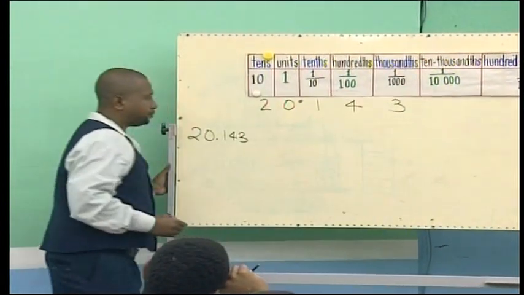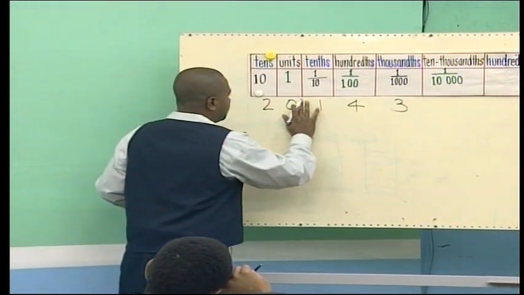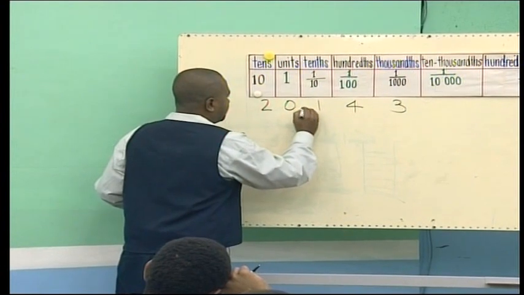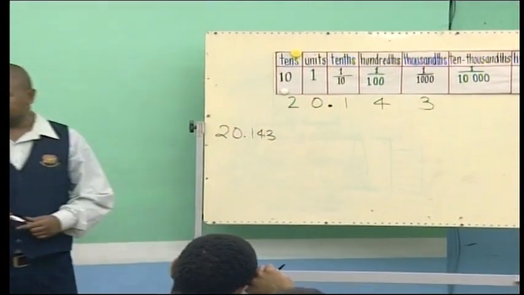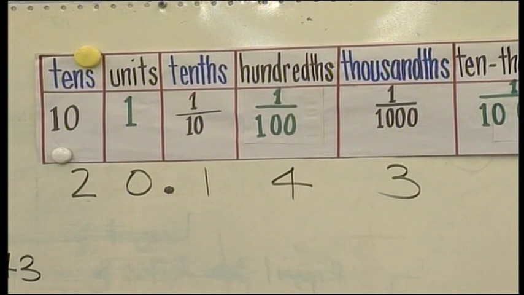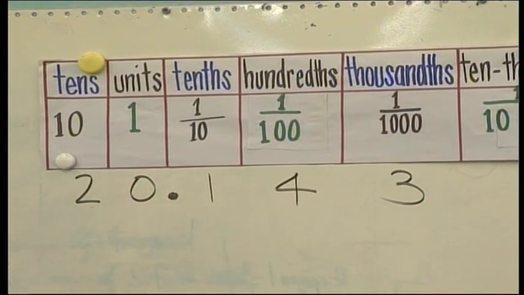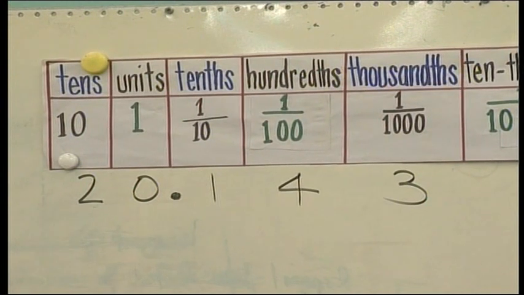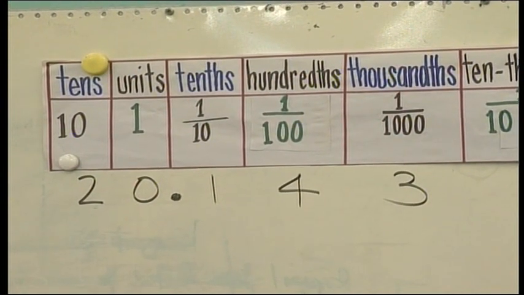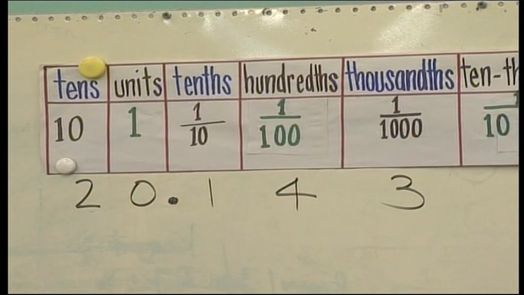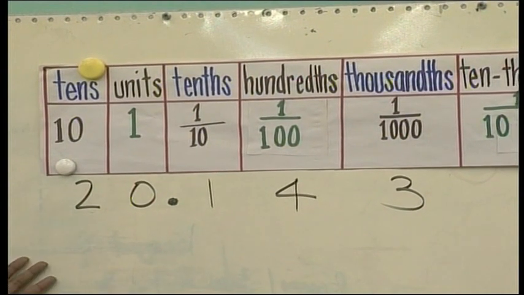One of our friends said that number is 20,143, and the other one said 20.143. Let's check. This is how we can find the values of each number.